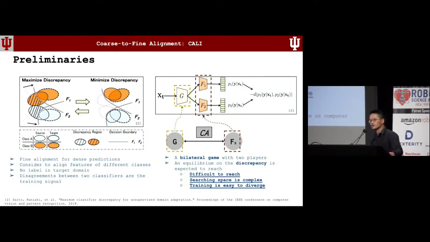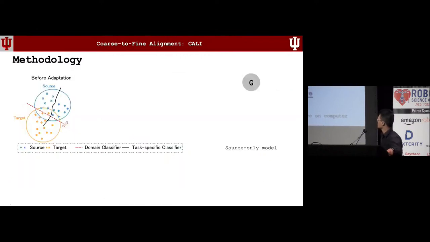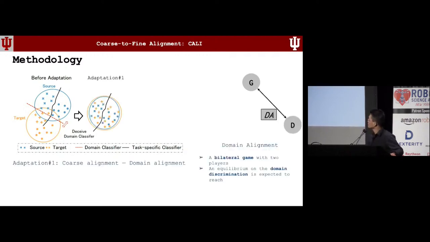In this work, we solve this problem by applying a domain alignment as a constraint to the class alignment. At the very beginning, we have a source-only model, which performs poorly on the target domain. In the first stage, we perform a domain alignment, which tries to align the two domains generally.